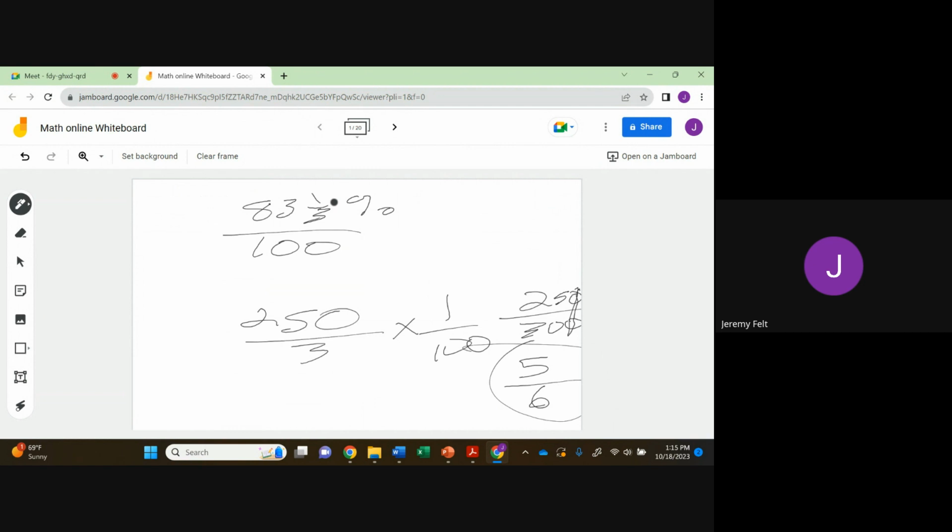Well, we can have percents with fractions or with decimals and still convert them to a fraction or a decimal. So we did percent, so per 100, over 100. Then when we have a fraction, or if we have a mixed number, we convert it to an improper fraction. We're dividing by 100. That's the same as multiplying by 1 over 100. Okay, and we end up with 250 over 300, which reduces down to 5 over 6.